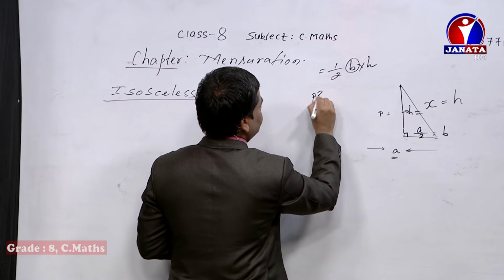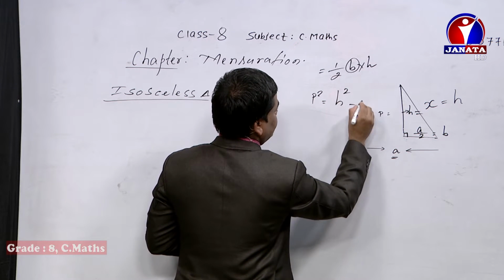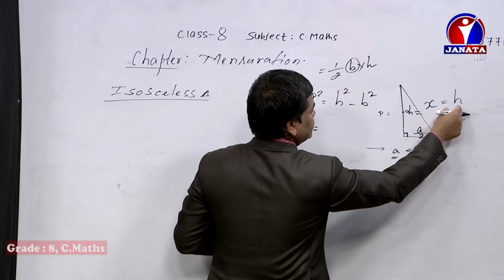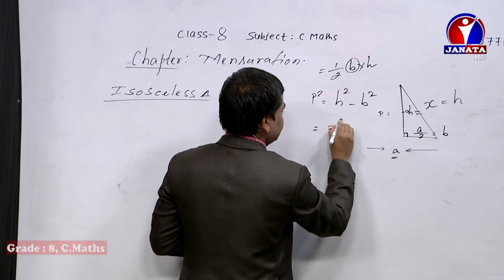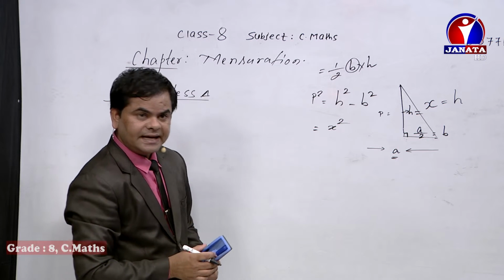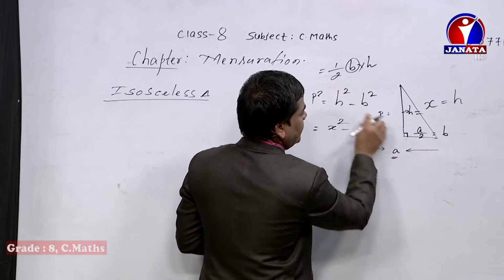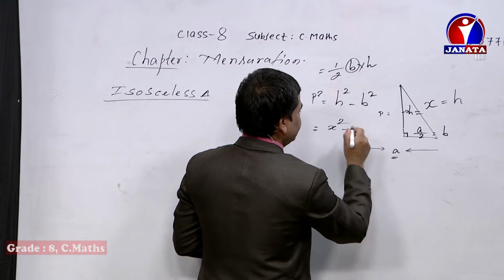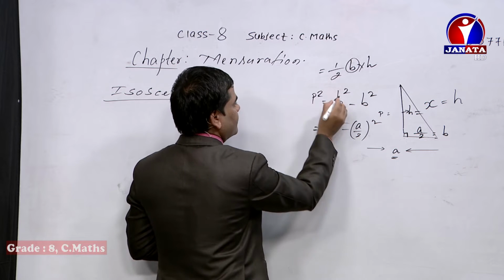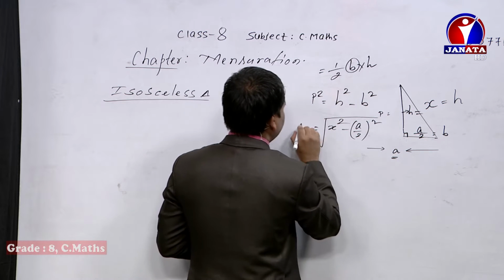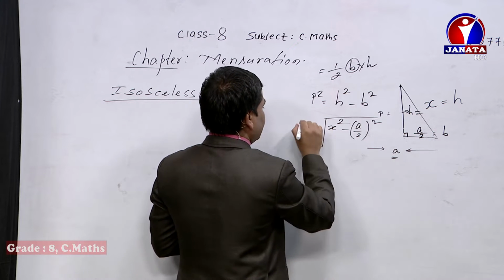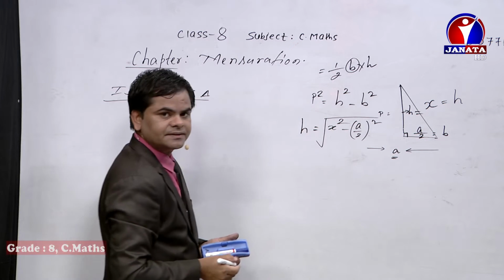Perpendicular square equals hypotenuse square minus base square. The hypotenuse is x, so its square is x square, minus the base square, that is a by 2 whole square. When this square goes to that side, it becomes a root. In the place of p, it is the height, so we write h.